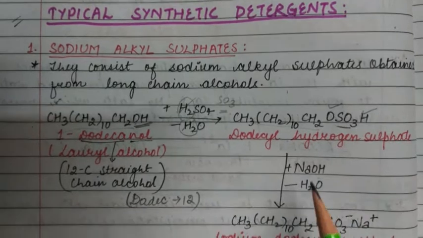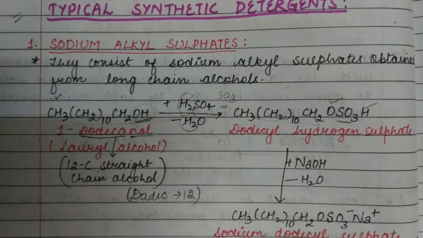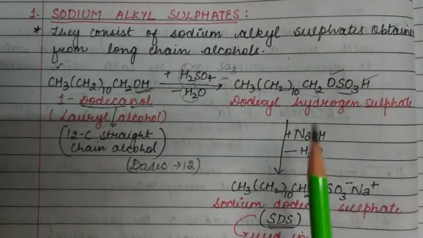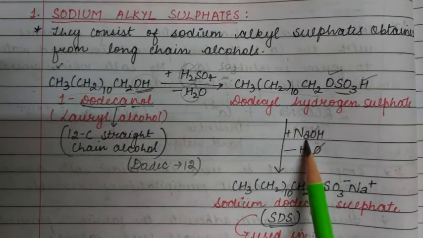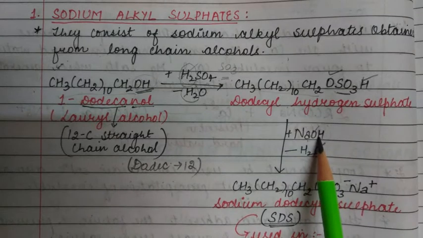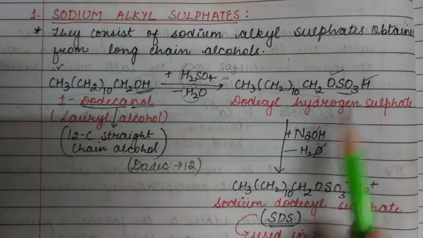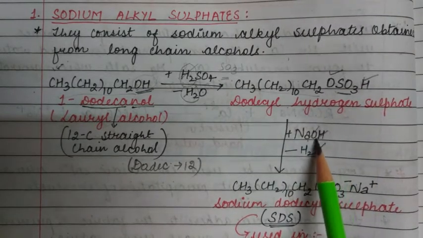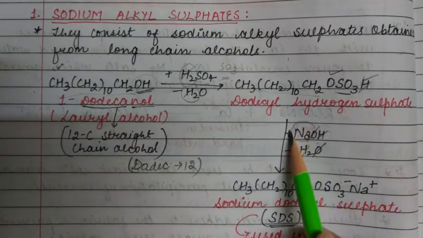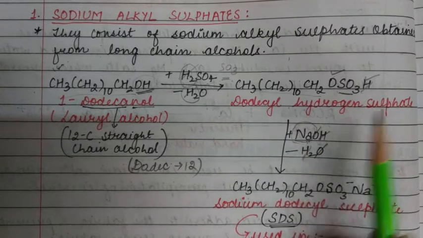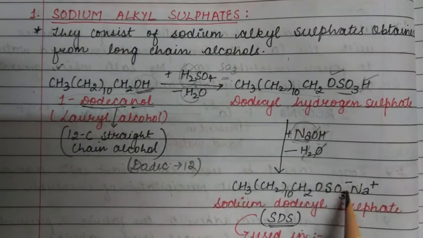Right? Now NaOH is added, water is removed. Here 1 oxygen is added, 1 subtracted, so they cancel. 1 hydrogen is added, 1 already we have, we are removing 2. So these hydrogens cancel. That means we are adding sodium only. So SO3Na.